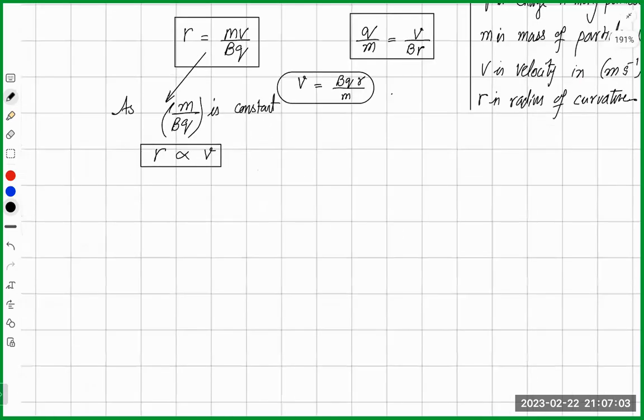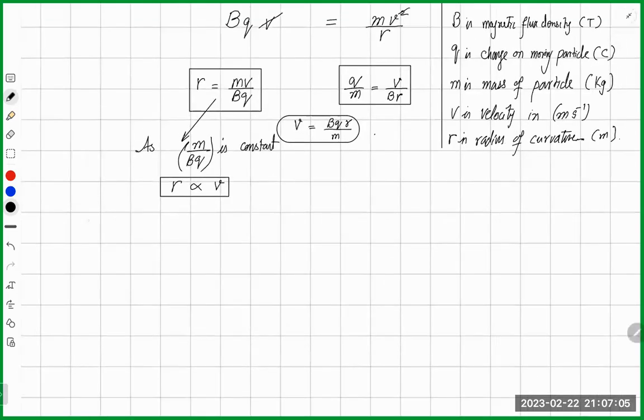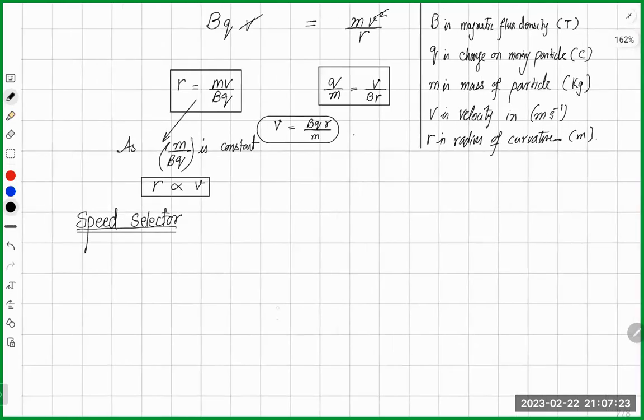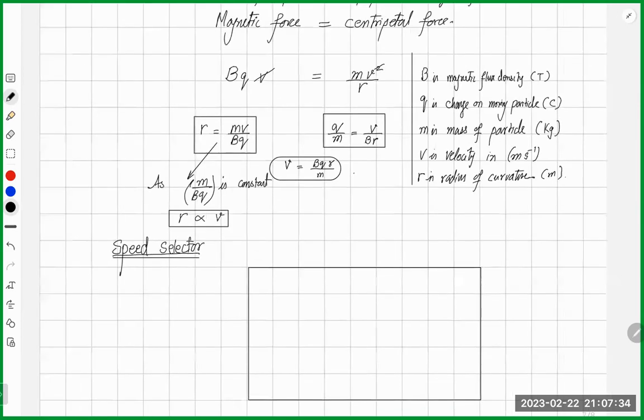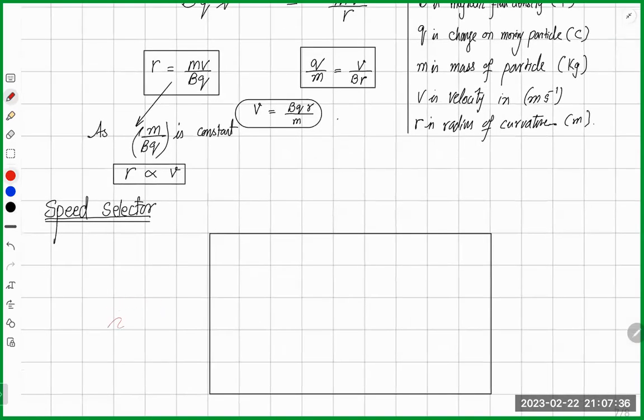So on the basis of this we can make a speed selector. If we have a uniform magnetic field like this, and assorted charged particles are coming in from here.